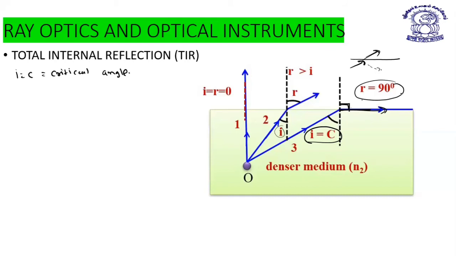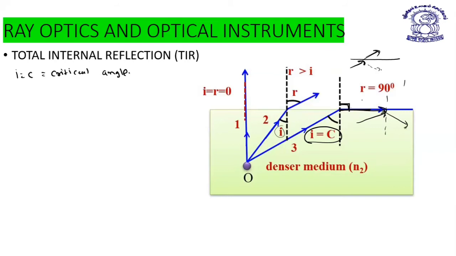Now further, if we increase the angle of incidence, then the light ray will get reflected back in the same medium.